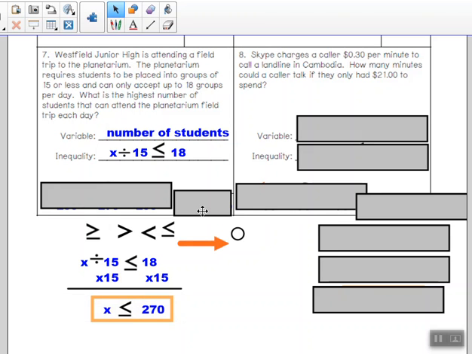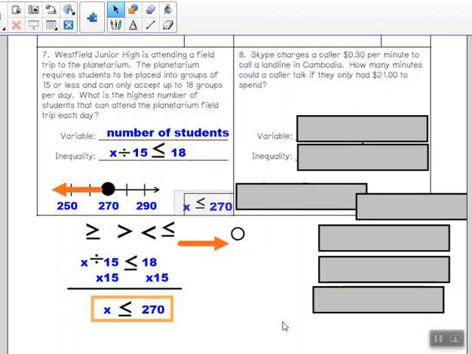They can basically have up to 270 people go on the field trip. So if we graph that, they can have 270. That would give them exactly 18 groups, or they can have less than that. They can have 250, 200, 150, whatever. But that means our solution was really that again. X is less than or equal to 270 people.